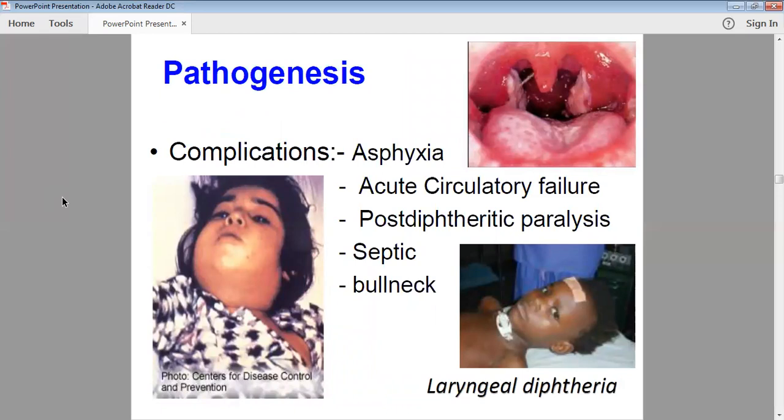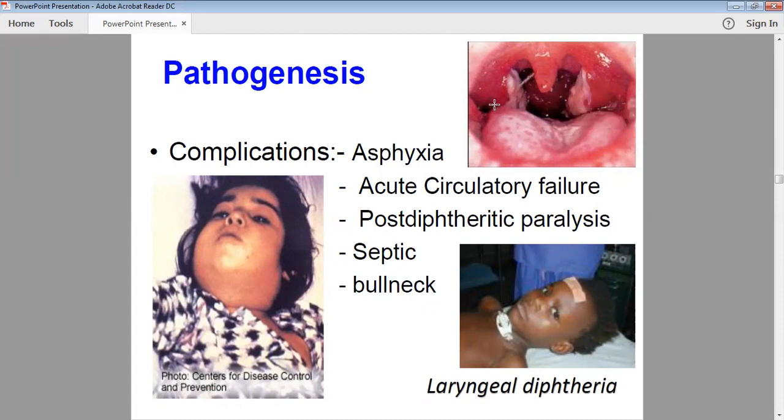Depending on the site of infection and presentation, they classify it into 3 groups: malignant, septic, and hemorrhagic diphtheria in the sore throat. If there is bleeding when we remove the membrane, that is hemorrhagic diphtheria. Necrotic tissue with cellulitis is septic diphtheria.